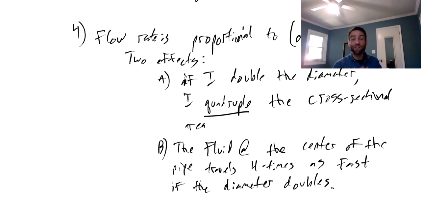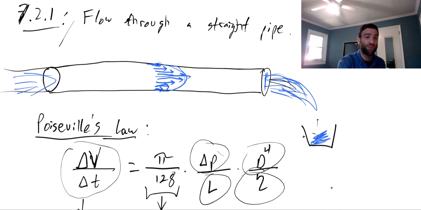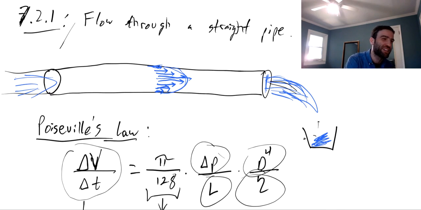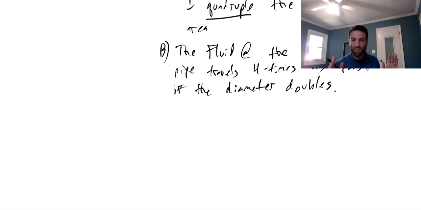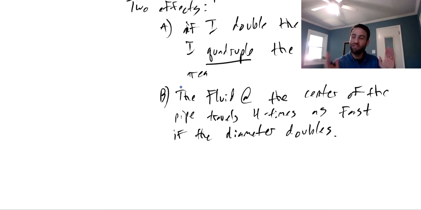Now, that's the result of a calculation that I have not shown you because the goal of this class is at some level to avoid some of the complicated calculations that go into a lot of these problems, but instead focus on the physical ideas. So, without doing that, you might not have a perfect idea of the shape of the way that the velocity changes as you go from the edge of the pipe towards the center of the pipe. It turns out that the flow rate at the center of the pipe grows like the square of the diameter of the pipe itself, okay? So that's maybe not obvious, but it gives you another one of these effects.